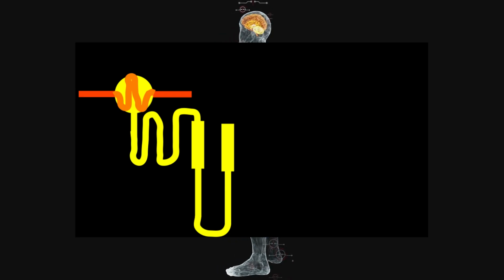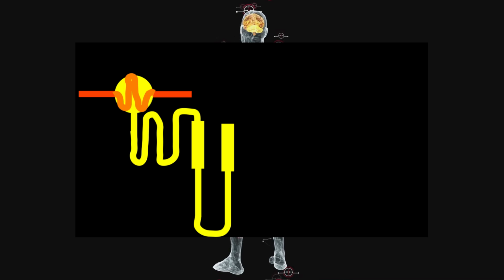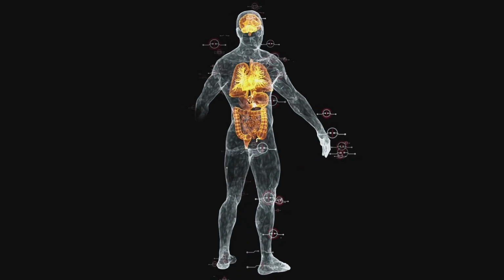It is important for us to point out that in the ascending loop of Henle, there is no water reabsorbed. It is just the solutes in the form of electrolytes primarily, but other things as well, and these are all passed through via transporters. That is why there is no movement of water.